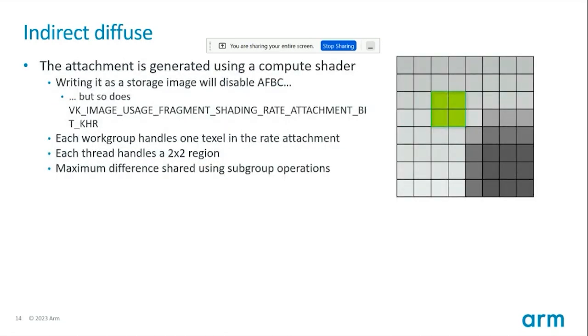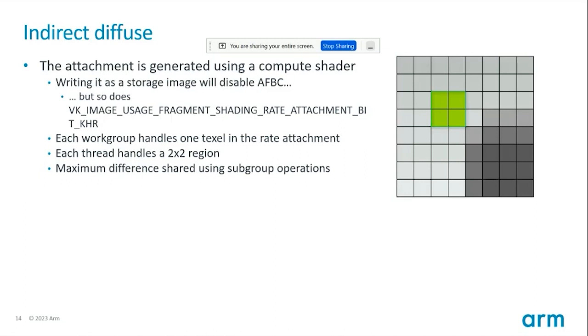So how will we generate it? Well, we will use a compute shader that analyzes the depth buffer and writes out the results as a storage image. Writing to something as a storage image will disable AFBC, which is the lossless frame buffer compression that Pete went over in his talk about mobile best practices. That usually saves us a lot of bandwidth, but here we will be disabling it.